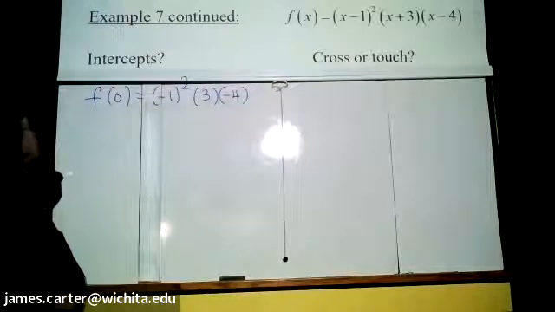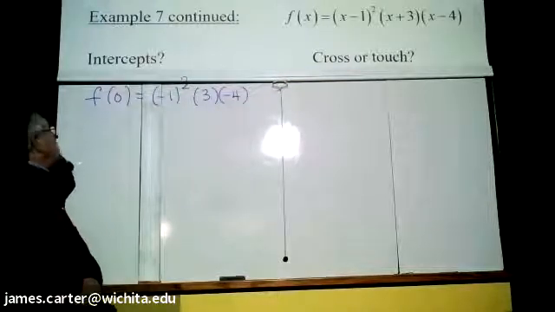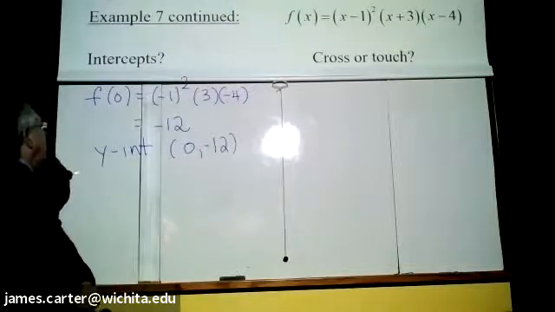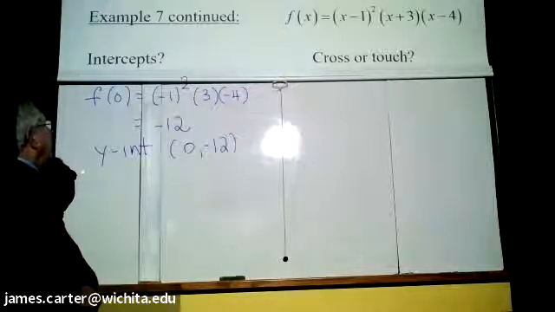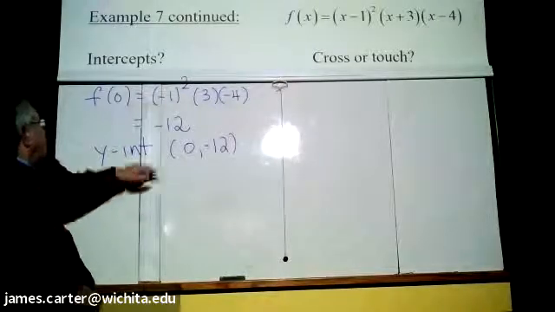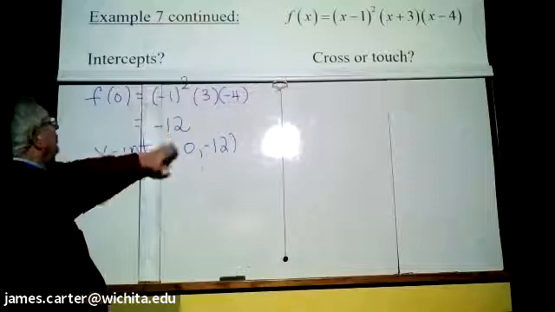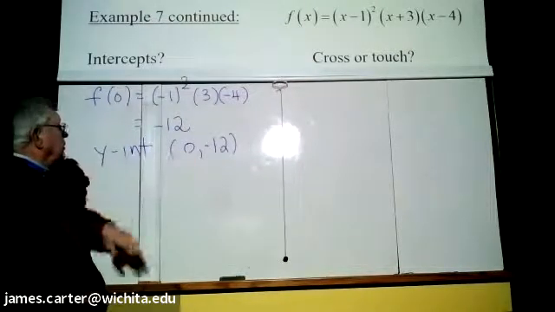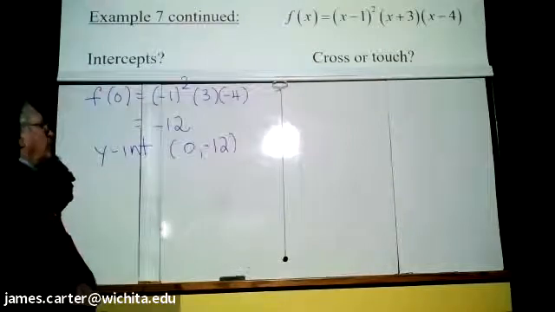If we let x equal 0, then y is equal to -12. So the y-intercept is the point (0, -12).